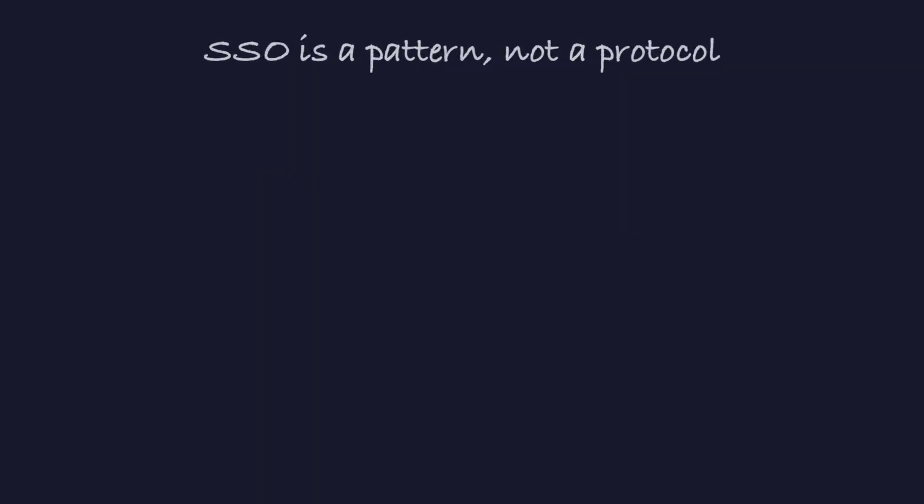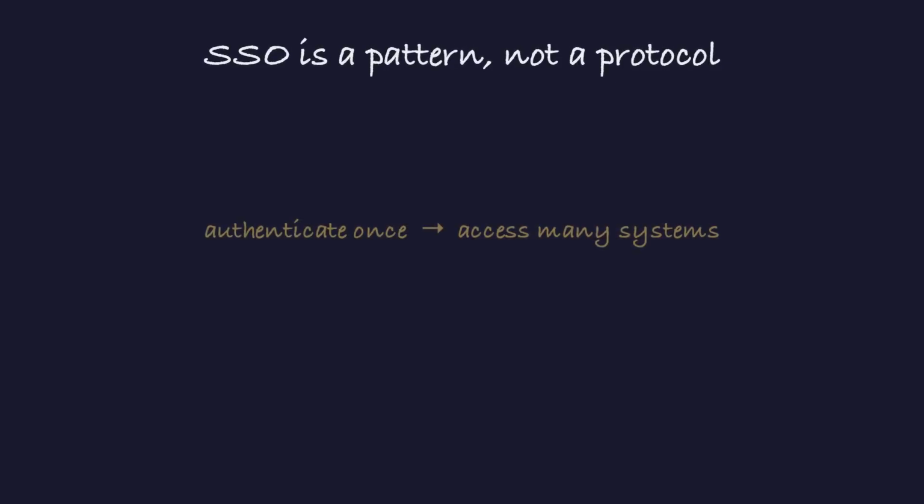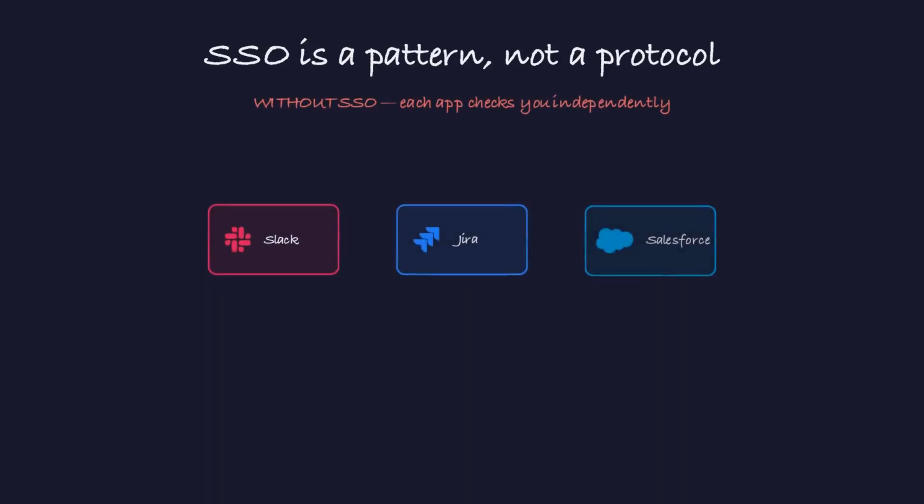Let's be precise. Single sign-on is a pattern, not a protocol. The goal is simple: authenticate once, access many systems. Without SSO, every app keeps its own user database. A password in Slack, a separate one in Jira, another in Salesforce. Each app checks you independently.